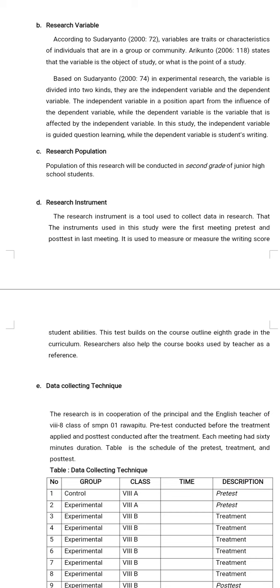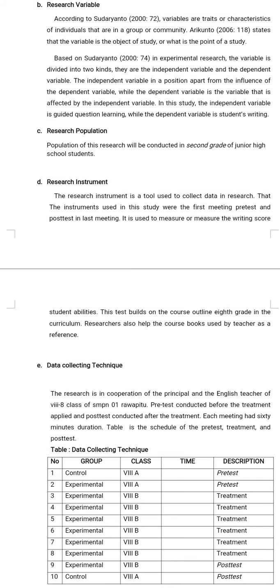According to Sudaryanto, variables are traits or characteristics of individuals that are in a group or community. Arikunto states that the variable is the object of study, or what is the point of study. Based on Sudaryanto, in experimental research, the variable is divided into two kinds: the independent variable and the dependent variable.